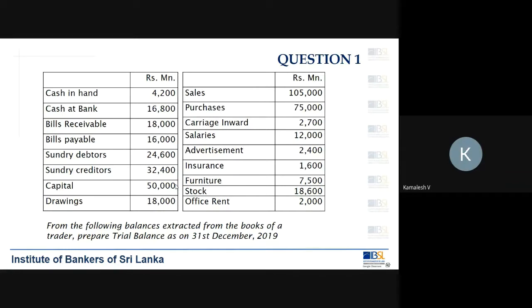When the owner withdraws money from the business, that is known as a drawing. So we call it a negative capital. Right? So when you say negative capital, what does it mean? Debit or credit? Debit. So this 18,000 is a debit balance.